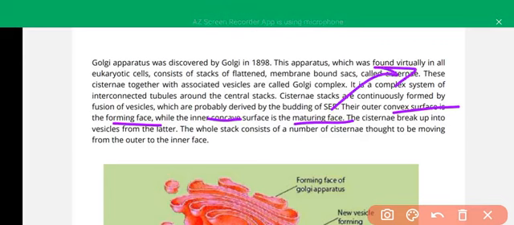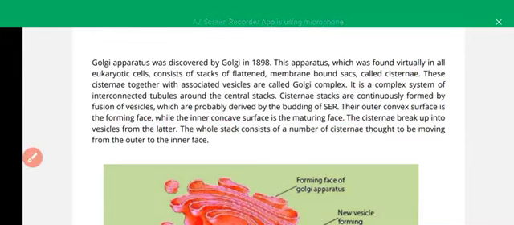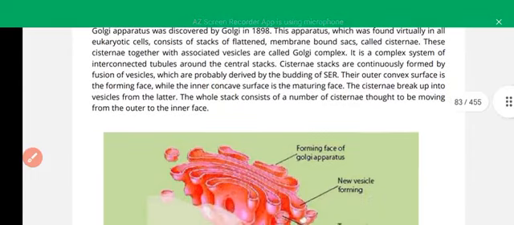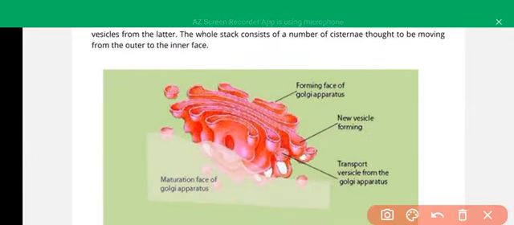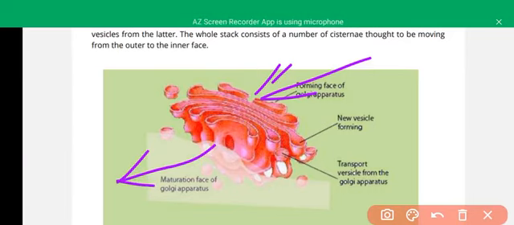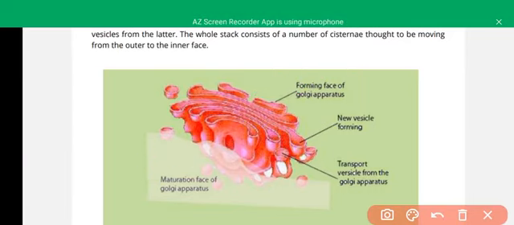Here the Golgi vesicles move outward, near the cell membrane. Cisternae break into vesicles from the lateral sides and move toward the cell membrane. Number of vesicles move from the outer to the inner phase. They are coming from the endoplasmic reticulum, and they are going toward the cell membrane for export.